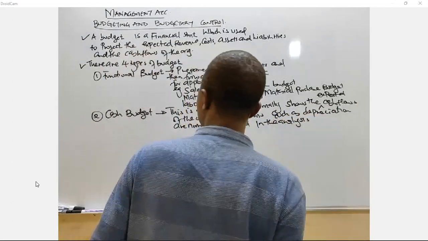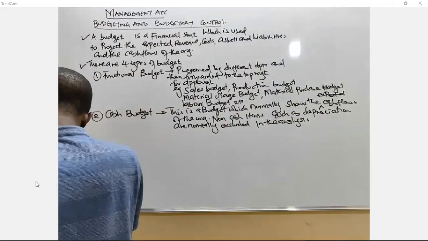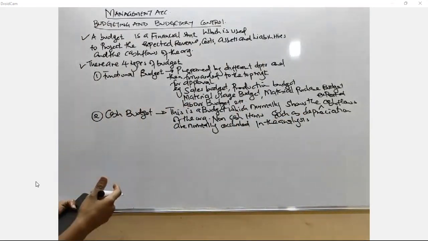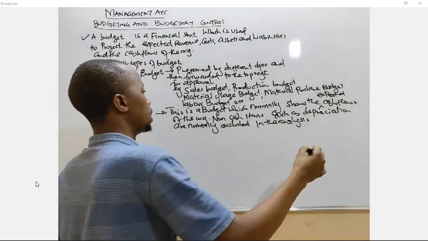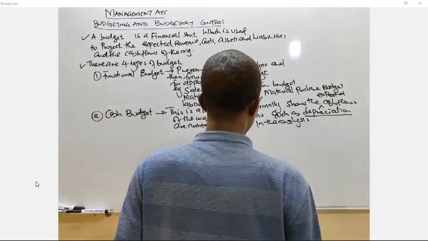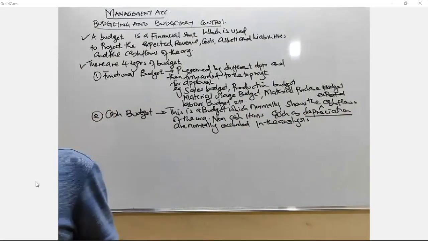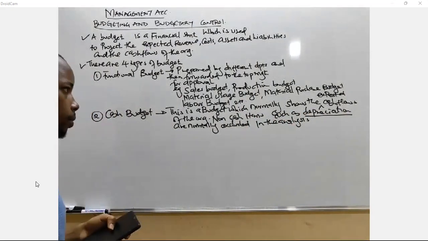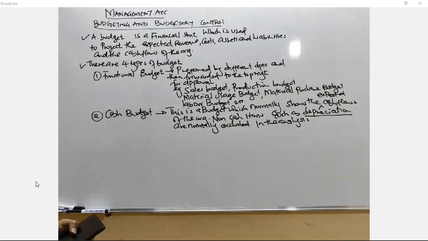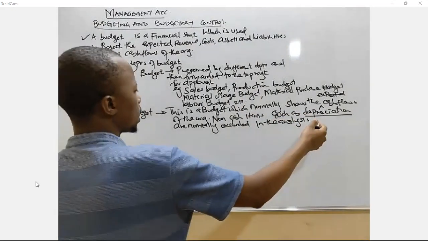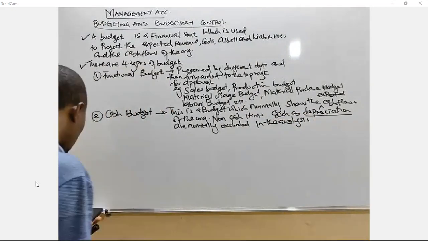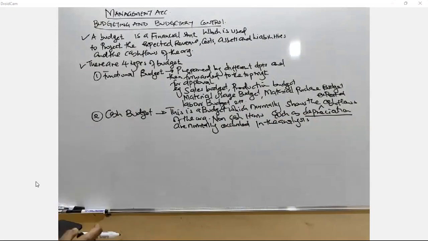There is a question which I've seen tested recently. They had already included depreciation in a certain expense. So in this case, we have to deduct the depreciation, because it cannot be included in the analysis when you are coming up with a cash budget.